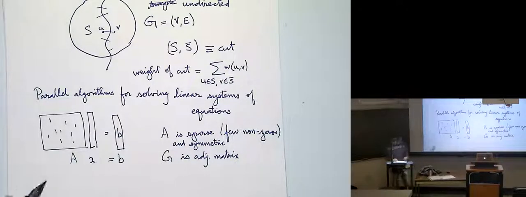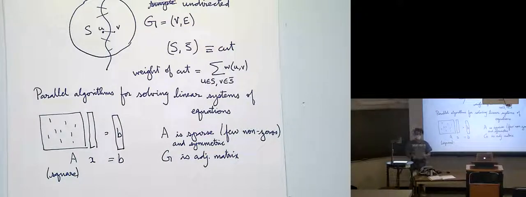So A is a square matrix. Situations that happen like this are, if you go back to a lot of work in the 50s and 60s, a lot of it was on simulating a physical system. So when you simulate a physical system, it's like you want to do climate simulations, for example.